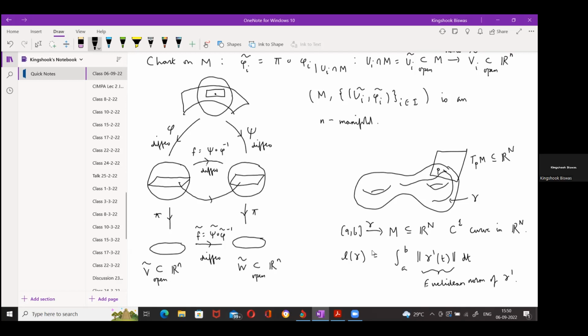So my tangent vectors are just vectors in Rn. I'm taking their usual Euclidean length and integrating. Fine.